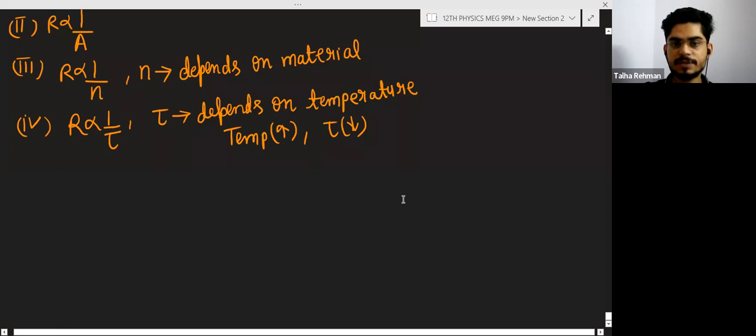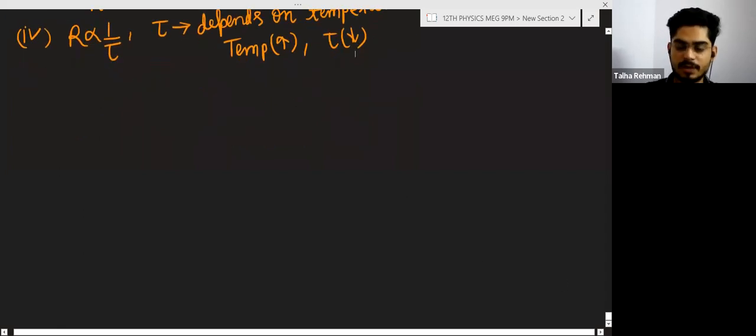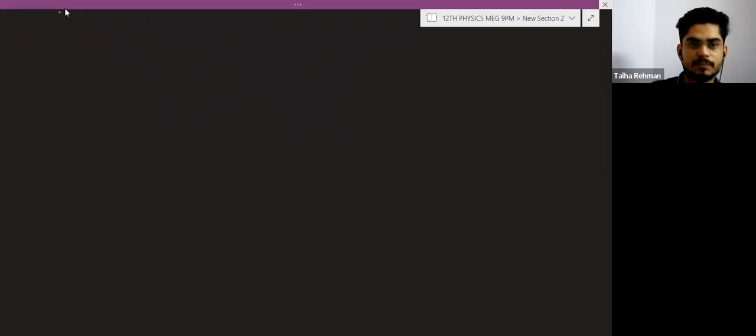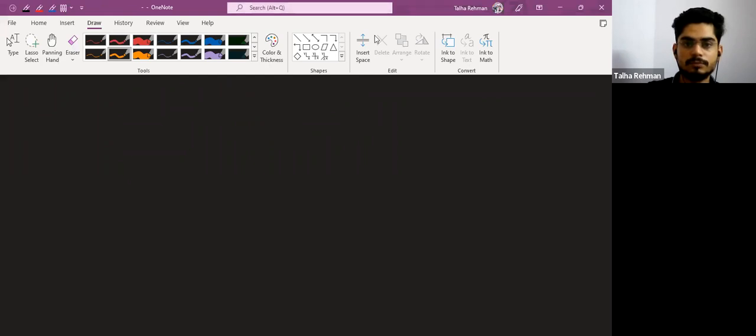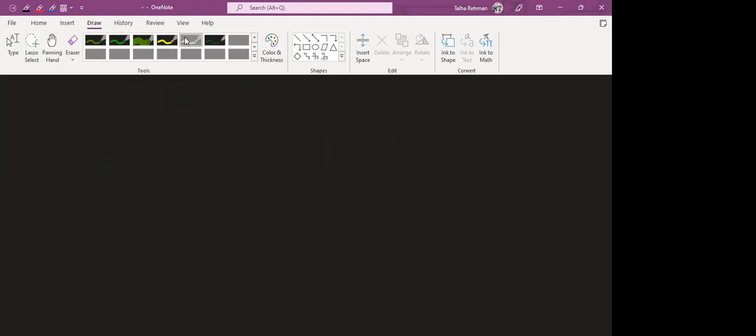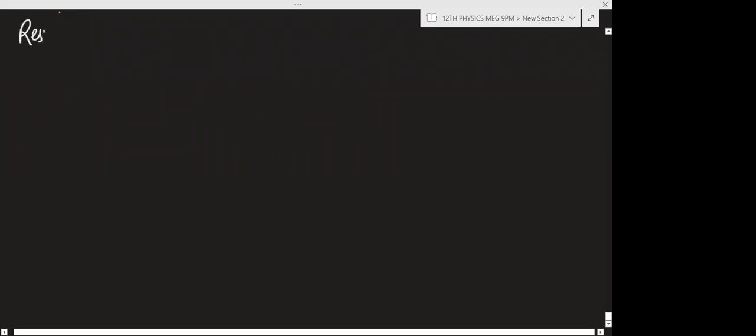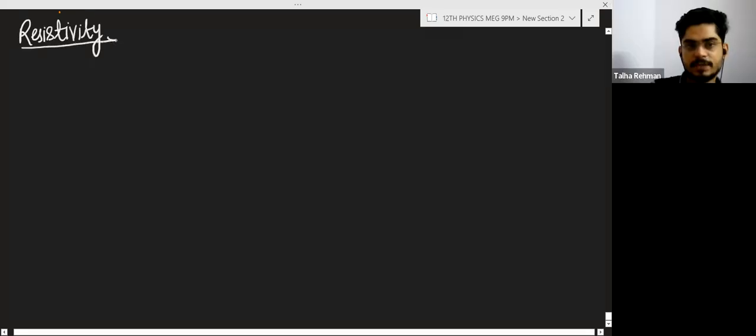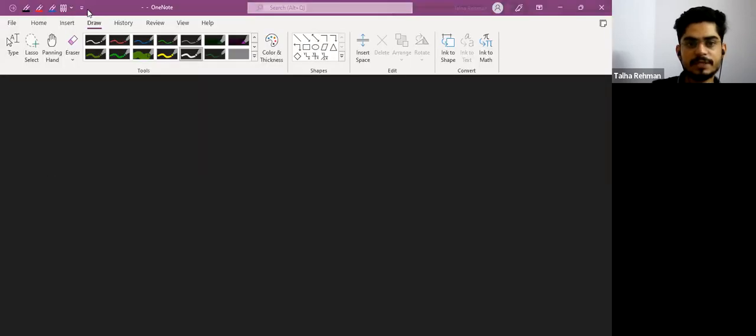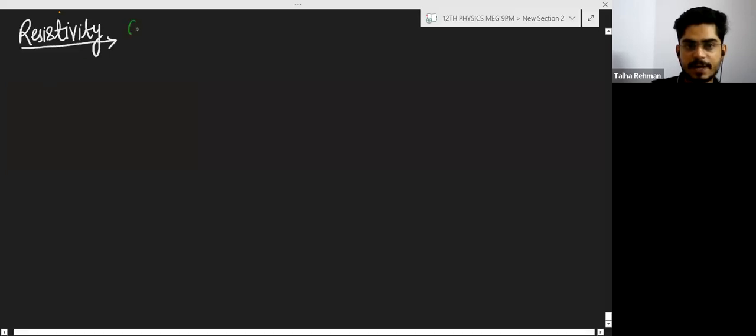So next thing is the resistivity. This resistivity is the property of the material. It is independent of the area of cross section and length of the conductor.